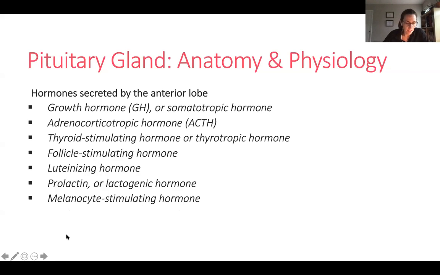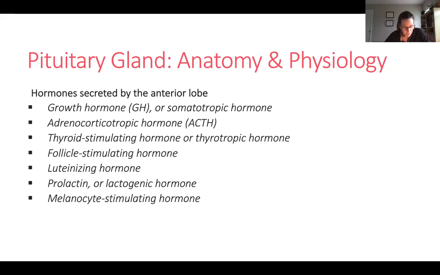Okay, so then the anterior lobe of the pituitary gland secretes these hormones. So we've got growth hormone, the ACTH, adrenocorticotropic hormone, thyroid stimulating hormone, TSH, follicle stimulating hormone, that's the FSH, luteinizing hormone, we usually call it the LH, prolactin, and then the melanocyte stimulating hormone.